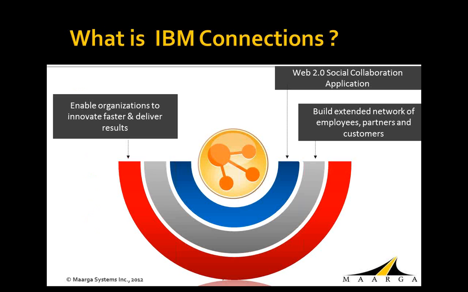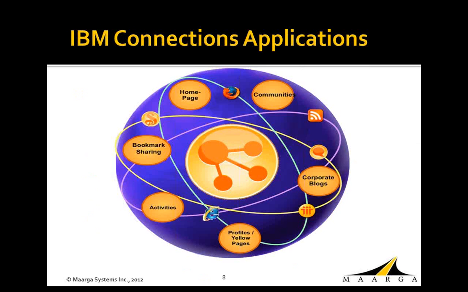And we see that these are the tools that they use when working with IBM Connections, where you have bookmark sharing, you have activities, and profiles where you can very quickly identify people across different locations, different technology platforms, or different domains, and be able to reach out to them, understand what they are, and be able to connect.